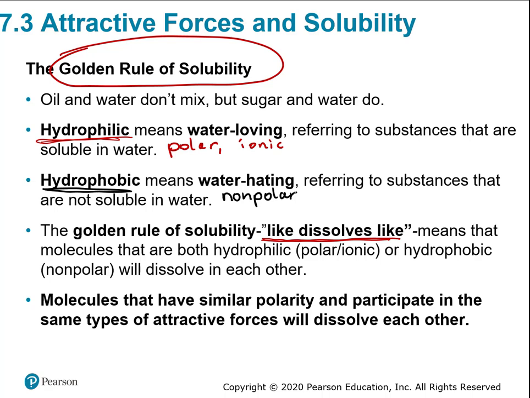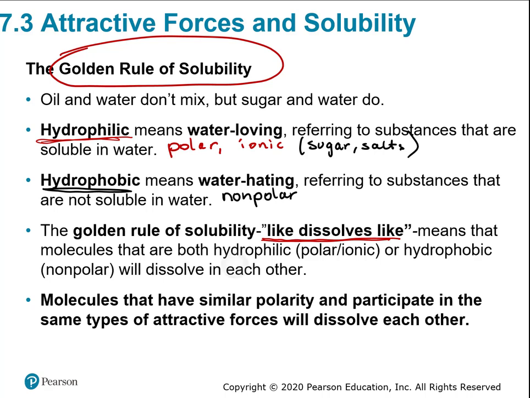So sugars, salts, those are polar or ionic. They like to mix, have no problems mixing with water, dissolving in the bloodstream.